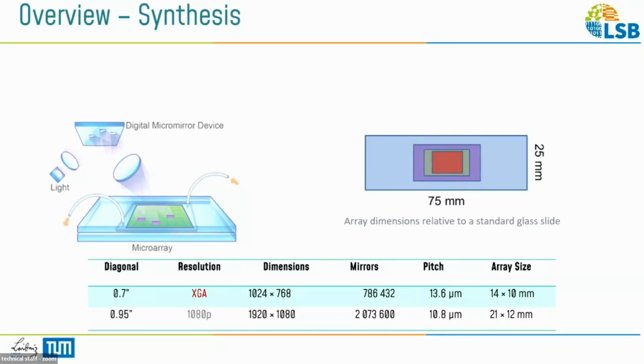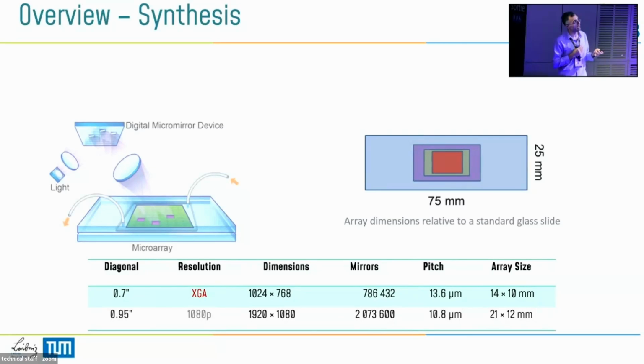For example, at each of these mirrors, the UV light is emitted and projected on the glass slide, and at each of these points that you see, one kind of sequence will be synthesized. The size of each of them is roughly 10 square micrometers. So you can calculate how many DNA can be synthesized at the same time in only one spot.